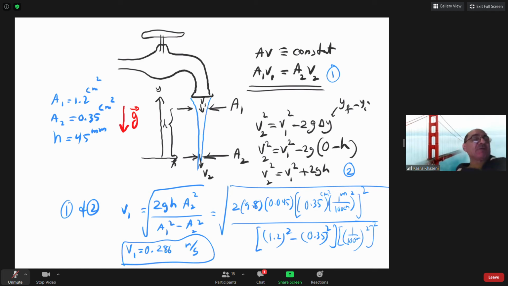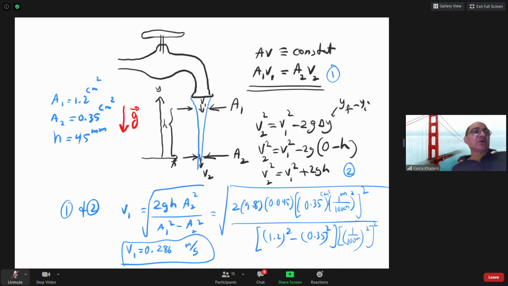So just by measuring geometric quantities like the areas of A1 and A2. Of course, if the cross-section of the outlet of the faucet is round, then by measuring that diameter, you can calculate the areas pretty easily. So all you have to measure is those two diameters and the distance between them, which is h.